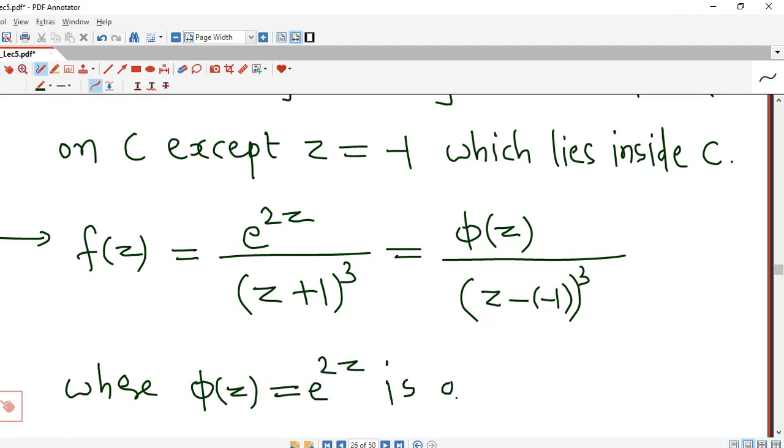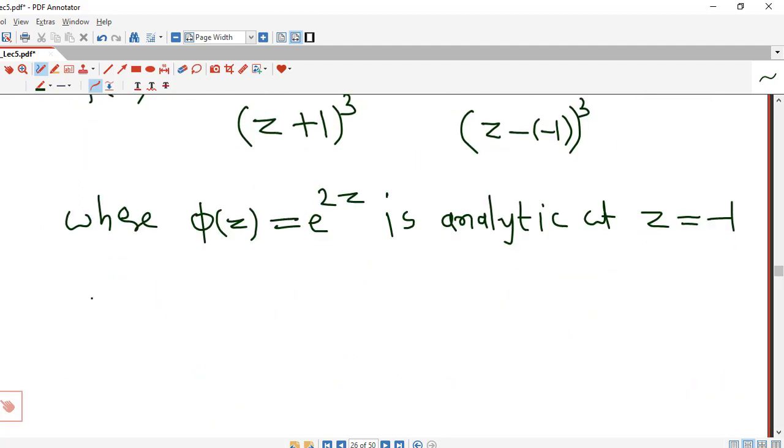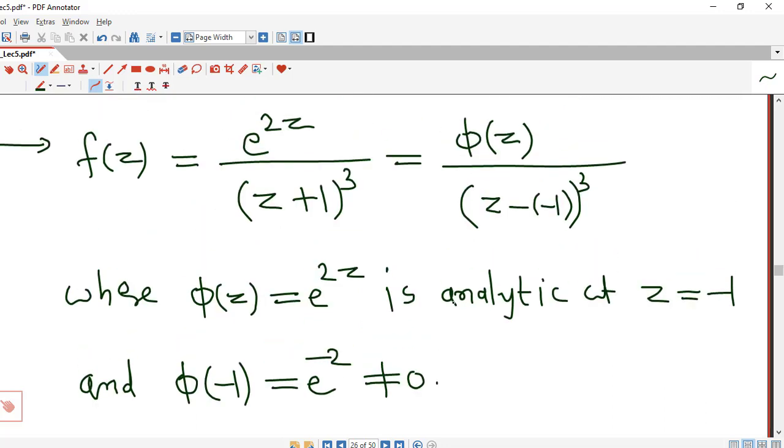This is an analytic function, so it is obviously analytic at z = -1, and the value of this function at z = -1 is e^(-2), which is non-zero. So f(z) is written as phi(z) over (z - (-1))^3, where phi(z) is analytic at z = -1 and phi(-1) is non-zero.